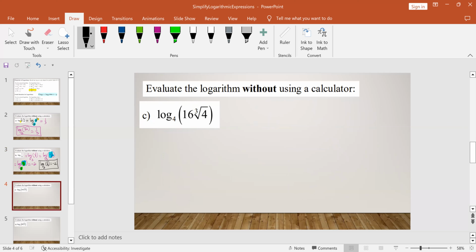Here we have the logarithm of 16 times the cube root of 4 with base 4. You have to understand that this is the same as the logarithm with base 4 of 16 multiplied by the cube root of 4.